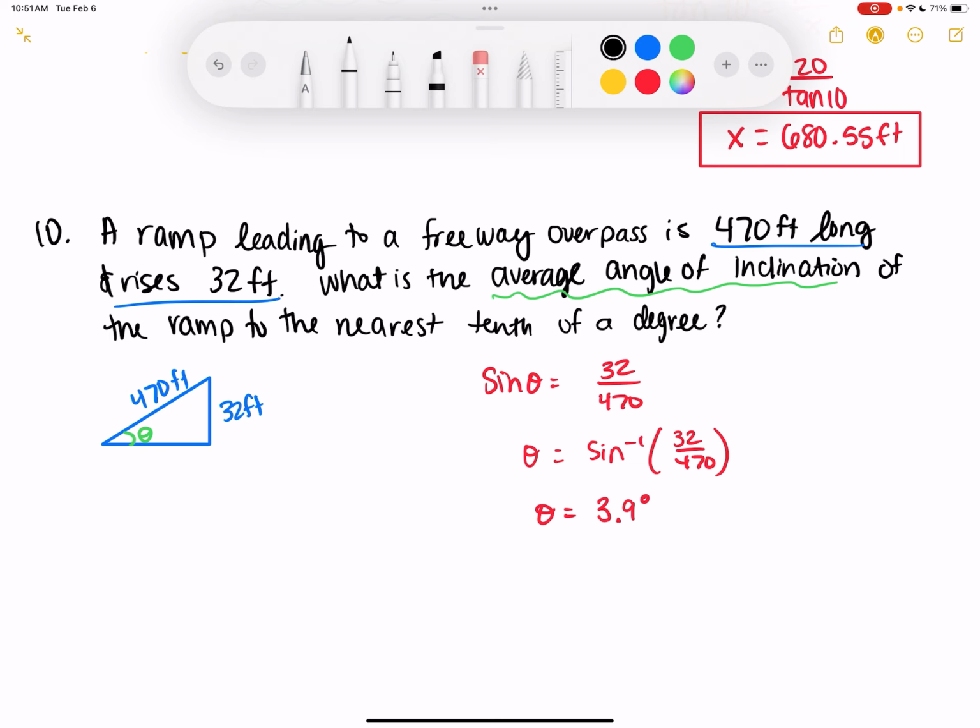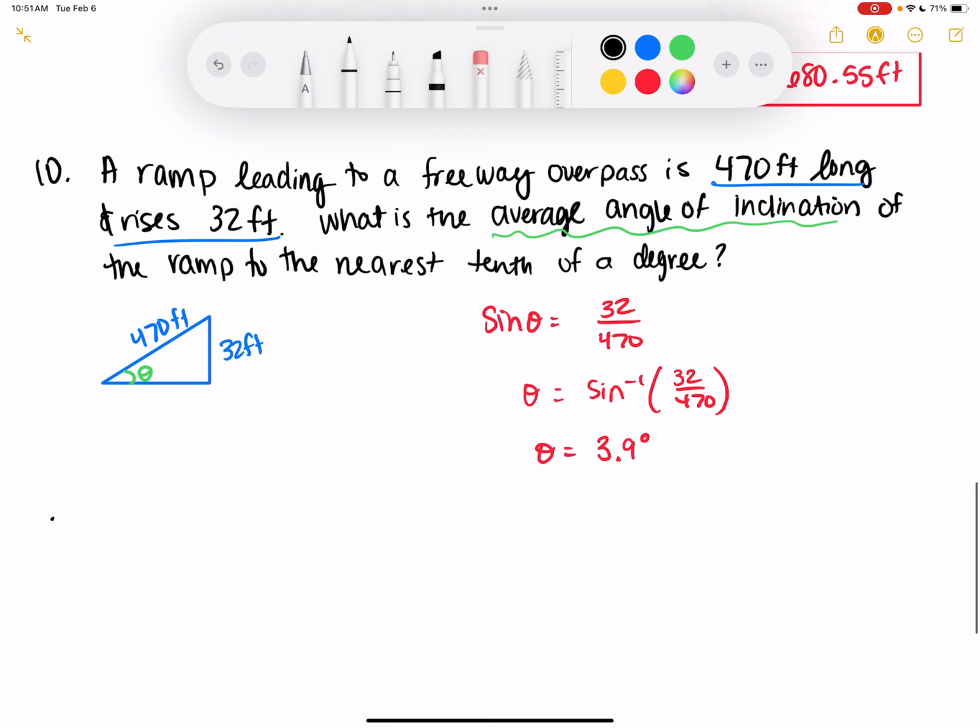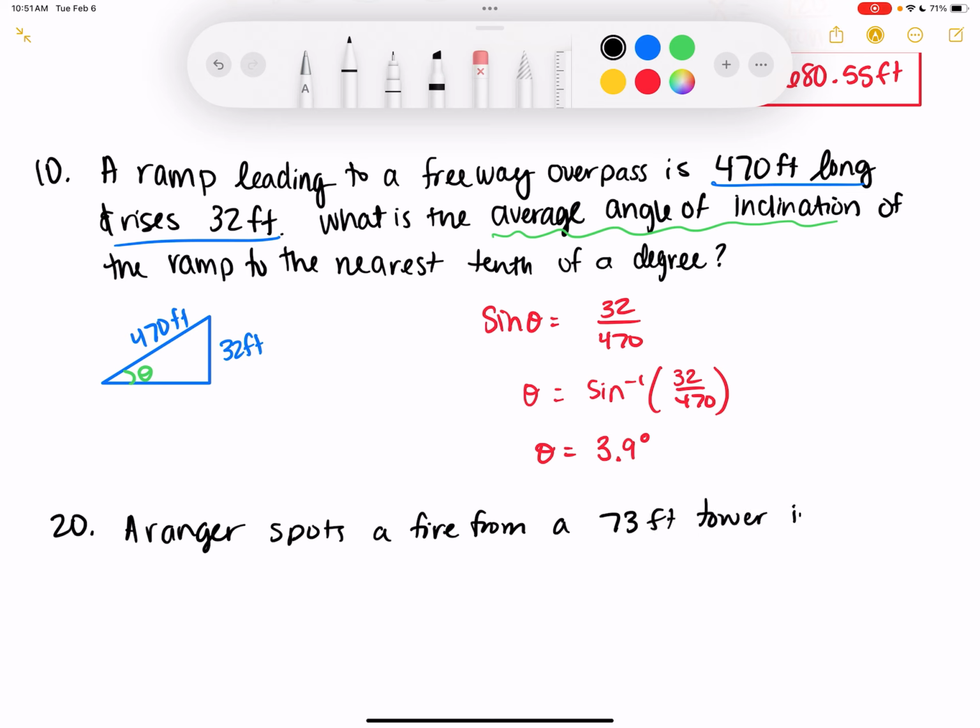All right, I'm going to jump again to number 20. A ranger spots a fire from a 73-foot tower in Yellowstone.